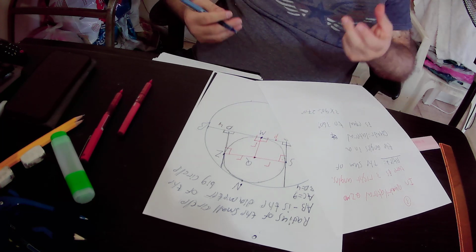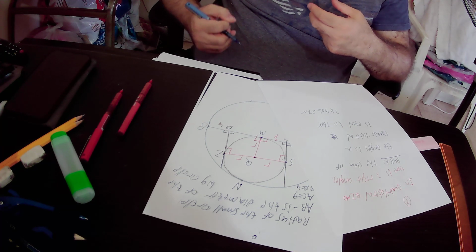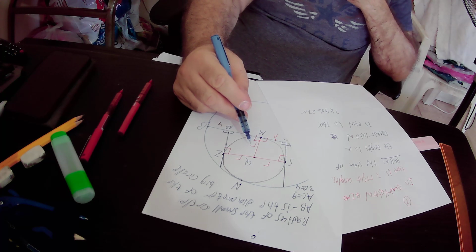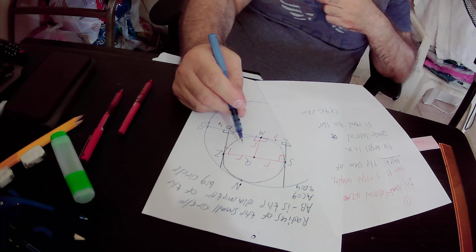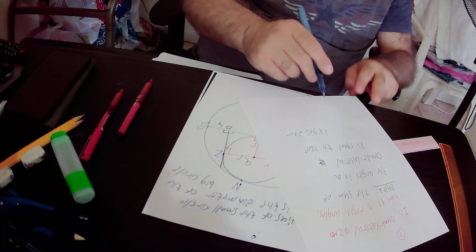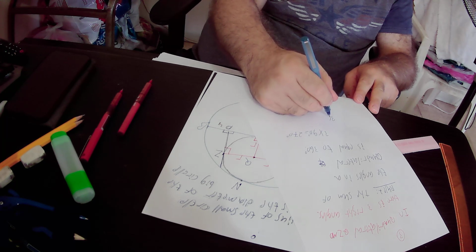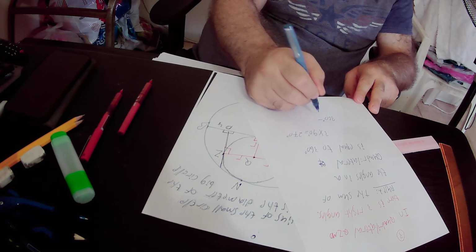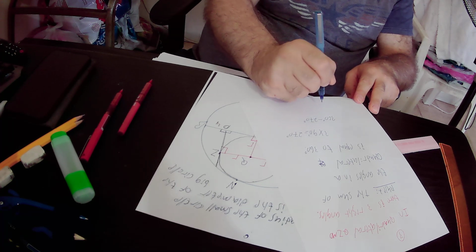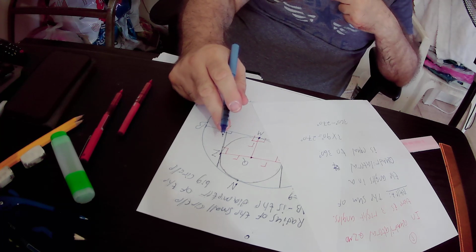So the fourth angle must complete the sum of the angles to 360 degrees, and we have already 270 degrees, so the fourth angle must be equal to 360 degrees minus 270 degrees in order to complete the sum of its angles to 360 degrees.